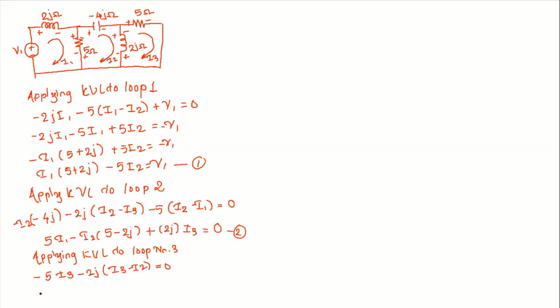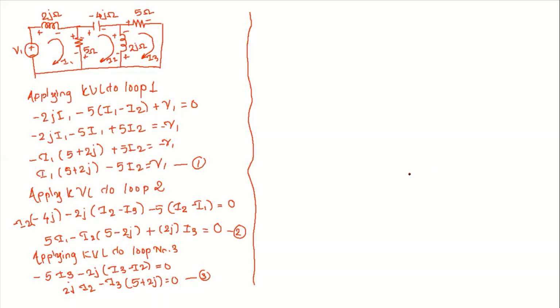If we equate, we get the values as 2j into, just a minute, we have I1, I2 and I3. So with this one, what can we apply?